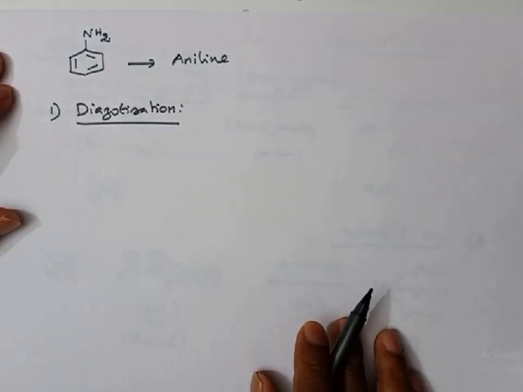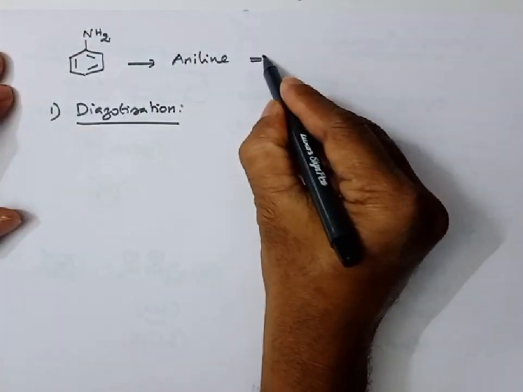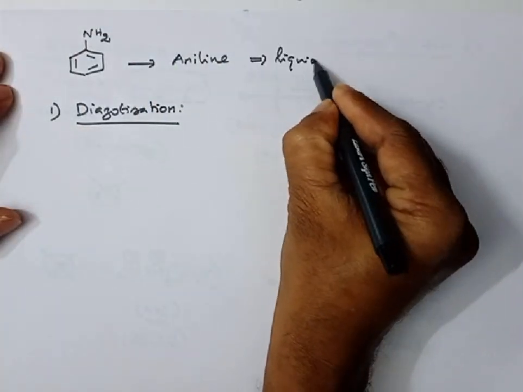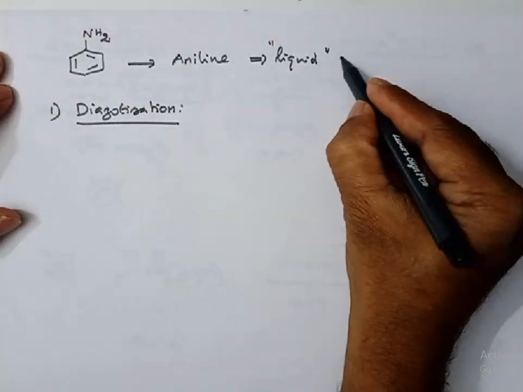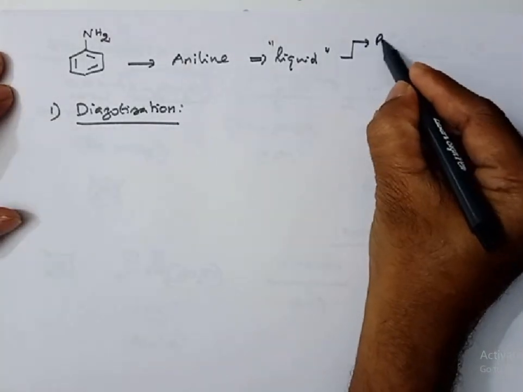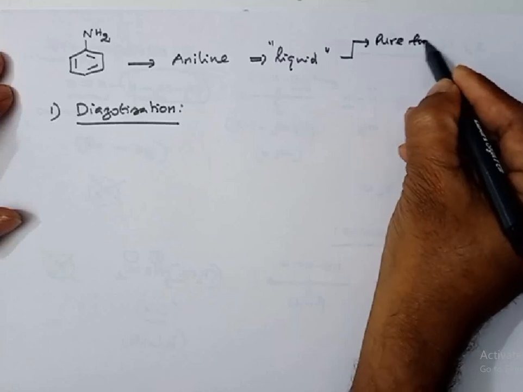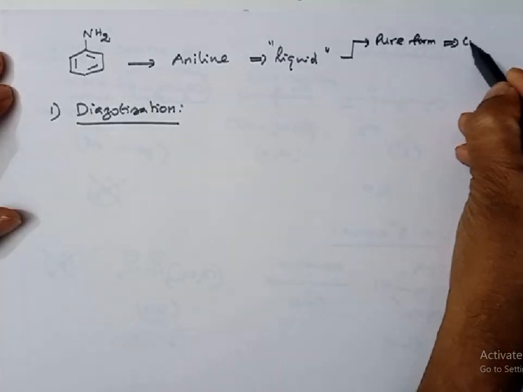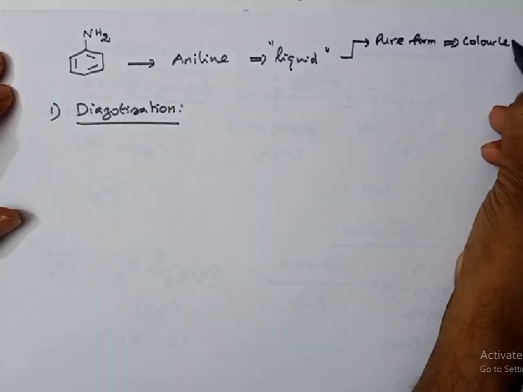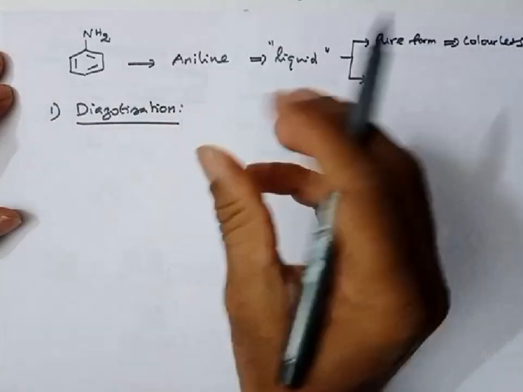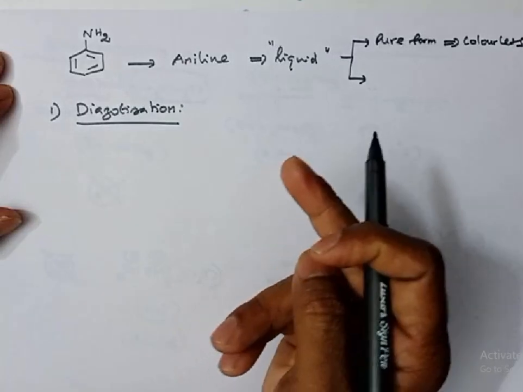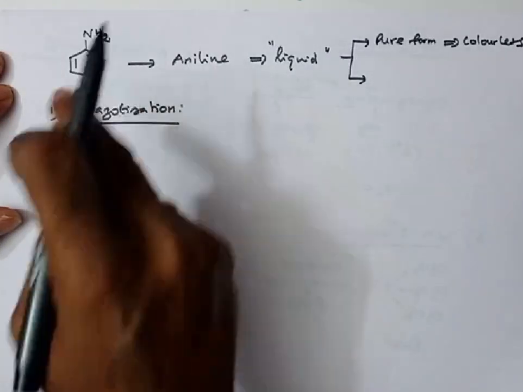Listen, student. By nature, aniline is a liquid. In pure form it is colorless. I have told you this point already. But when you open the bottle, aerial oxidation occurs.